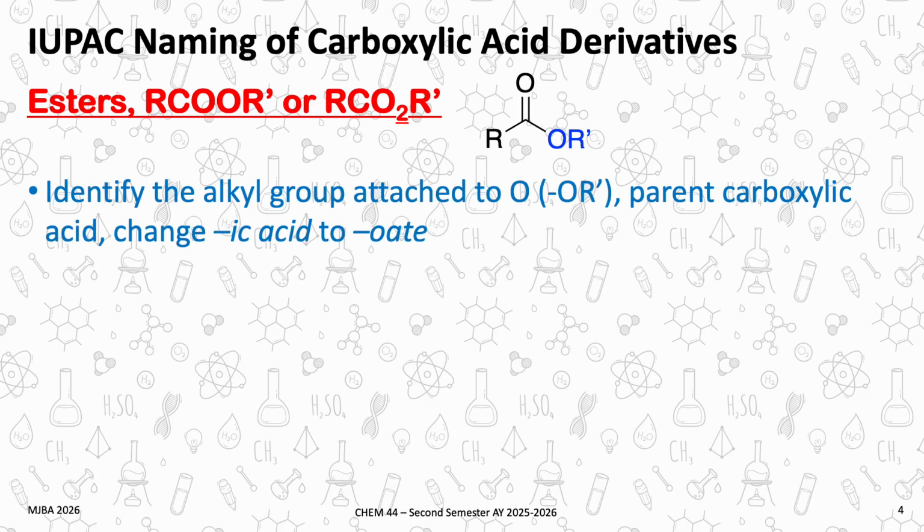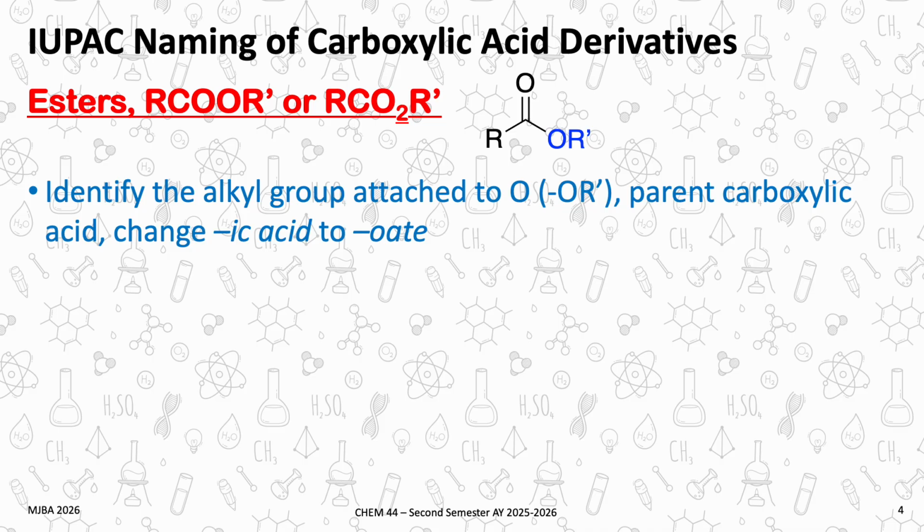So we need to identify both the R groups. For the one that is attached to the acyl group through the electronegative group, identify that alkyl group, and then identify the parent carboxylic acid that will give the acyl structure.